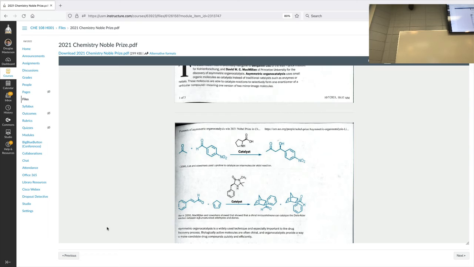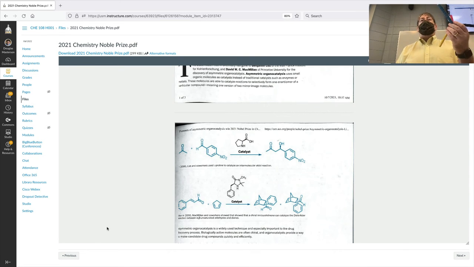When you go back and look at the last good number of Nobel Prizes that have been awarded in chemistry over the last 3 or 4 decades, they have been awarded to organic chemists. Not always, but a good proportion of them have been awarded to organic chemists for being able to make things enantiomer pure, as we like to say. Okay?